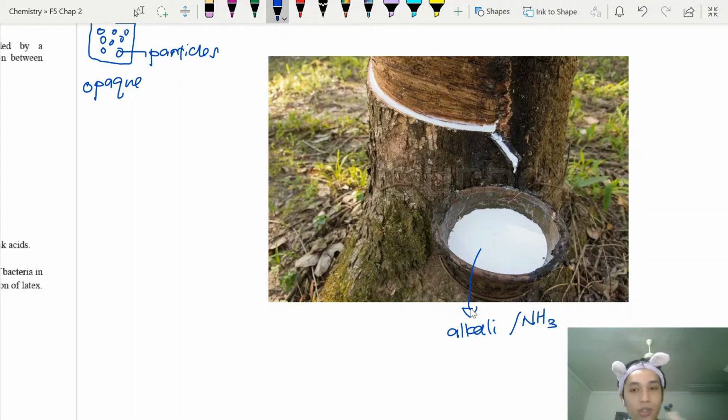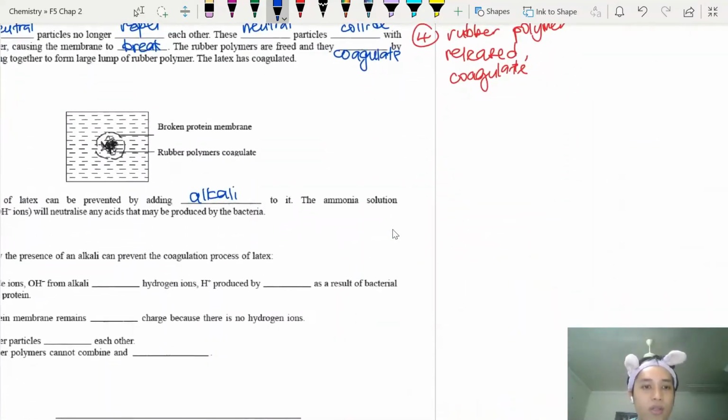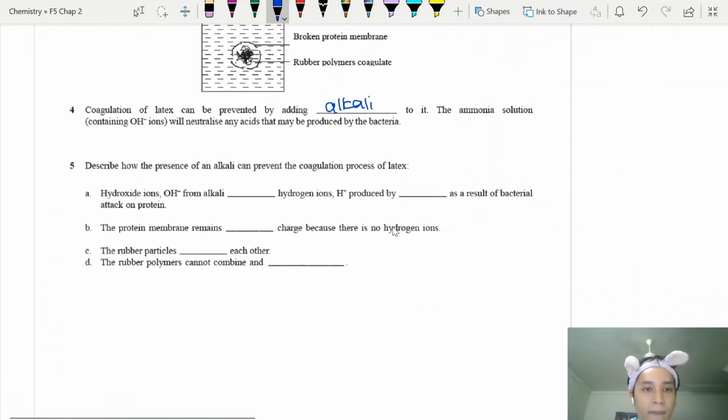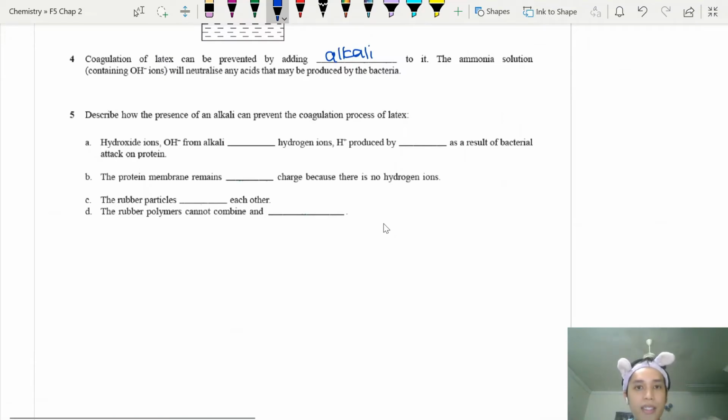When they put the ammonia solution in, this prevents the latex from coagulating. So acid to coagulate, alkali to prevent coagulation.